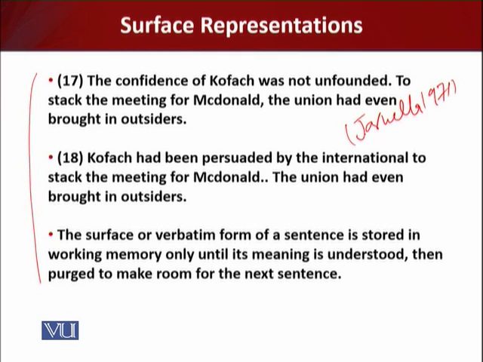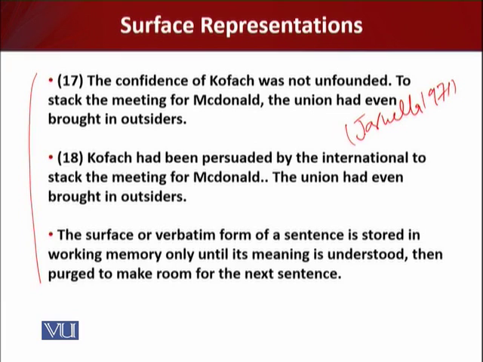Individuals were presented with a long oral passage that was interrupted at irregular intervals. At each interruption, they were asked to write down in verbatim form, the exact form, as much of the preceding discourse as they could.